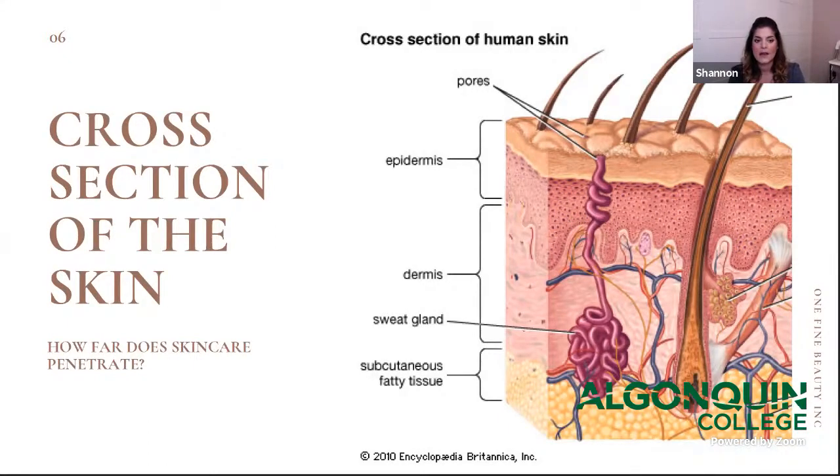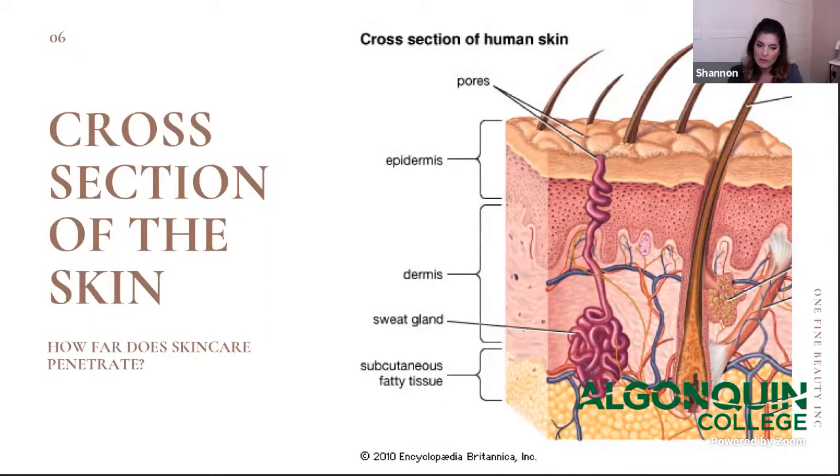So when skincare companies make big claims that, use this and your wrinkles are going to be gone in 3 to 4 weeks, the chances of that happening are probably pretty slim. It's not to say it won't happen, but you really have to look at the active ingredients and see what ingredients they are telling you are going to make that happen.